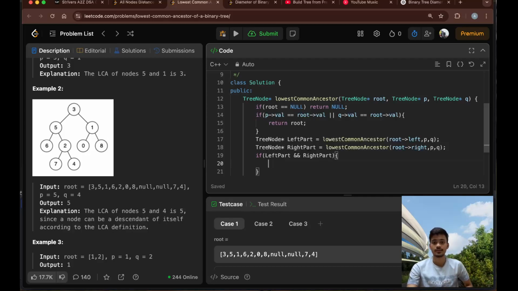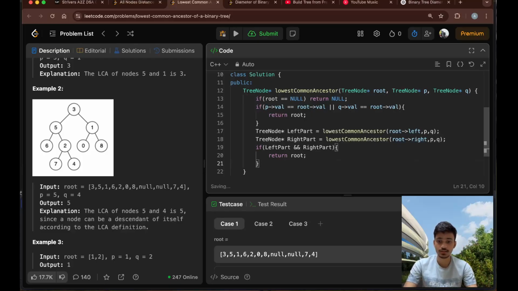Then just return the root because we have gotten it.